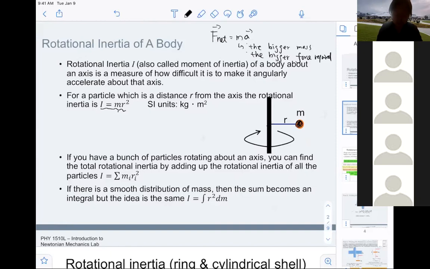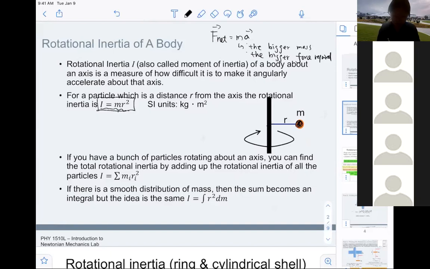So we define the rotational inertia of an object as the mass of an object times the radius squared. Radius is how far you want to rotate it around, which circle, right? So that's the radius of the circle that you want to rotate. So mr squared is the equation. If you have a bunch of those masses, then you need to add them all up, right?